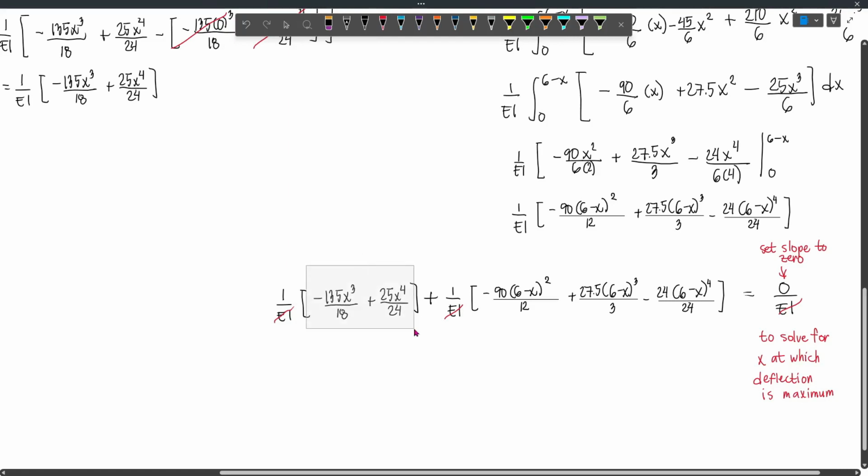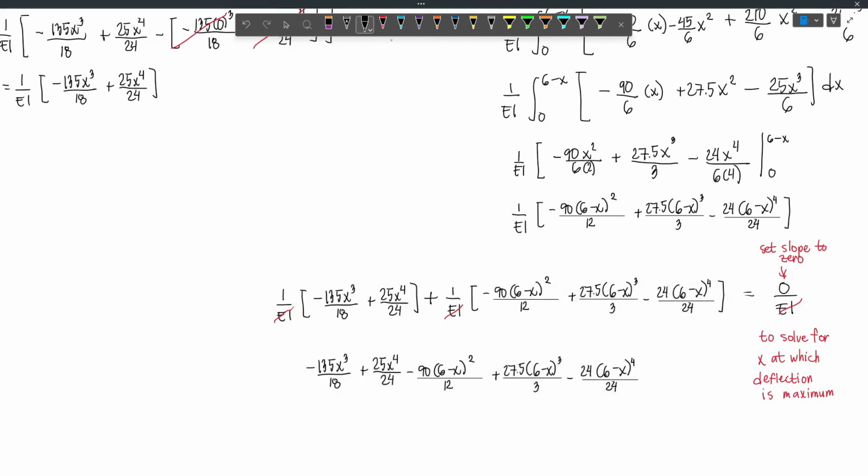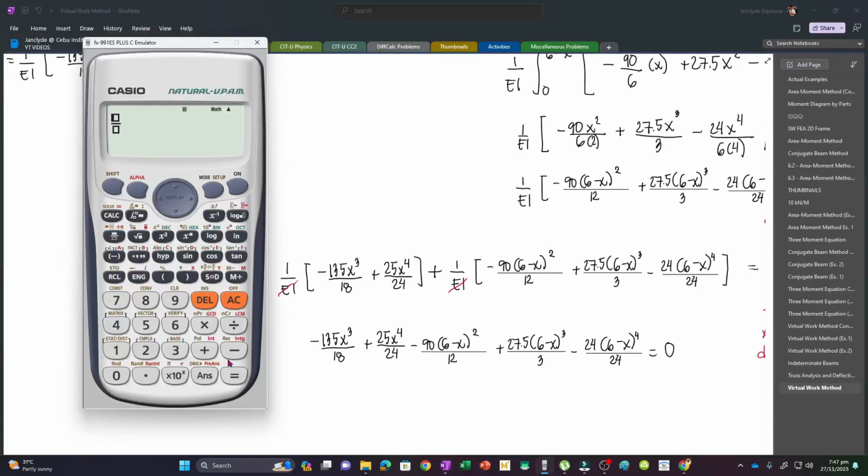Now let's just type this sa calculators natin. Ito. And then ito. And then equal yan to 0. So negative 135 x cubed over 18 plus 25 x to the 4th over 24 minus 90 times 6 minus x squared over 12 plus 27.5 times 6 minus x cubed over 3 minus itong 24 magka-cancel.